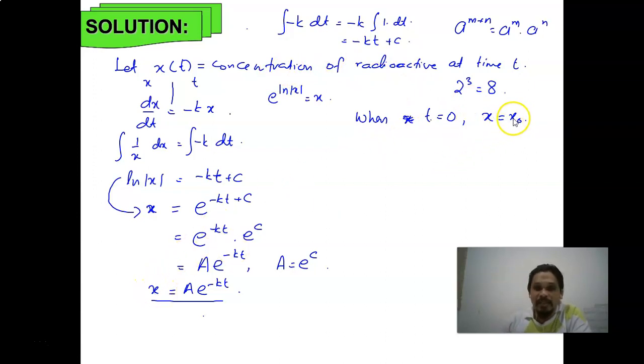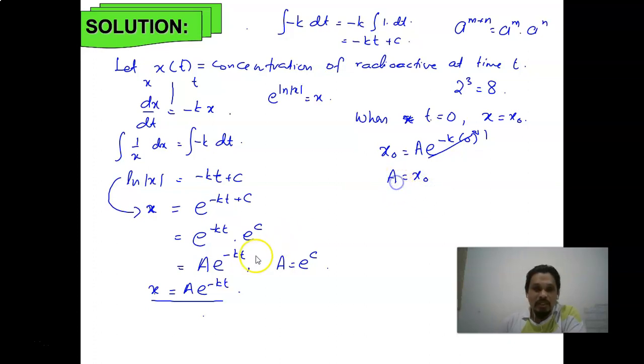So substitute x with x naught here. x naught equals a e to the power of negative k times 0. Negative k times 0 equals 0, e to the power of 0 equals 1, and 1 multiplied by a equals a. So a equals x naught.